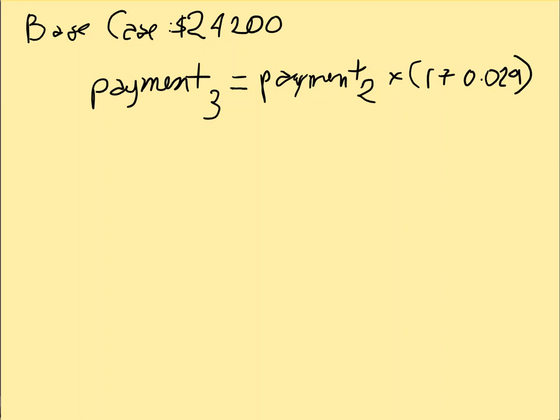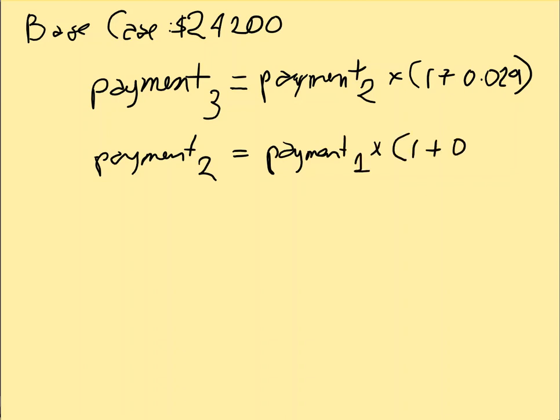Now, we don't know the payment in year 2. So the payment in year 2 is going to be the payment in year 1 times that interest. All right? So whatever you paid in the previous year times that interest. But then what's the payment in year 1?